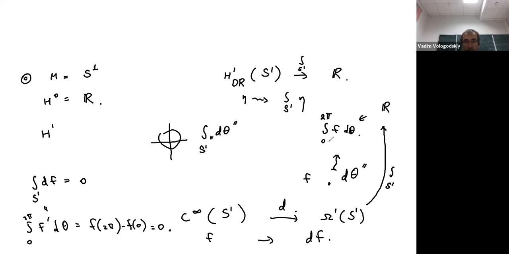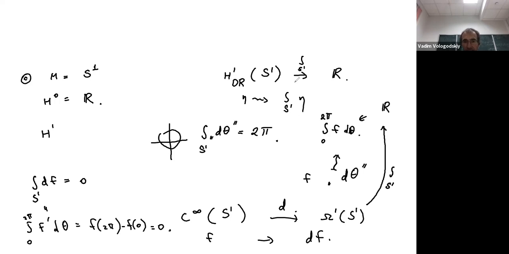Though theta is not a single valued function on S1, it's a single valued function on the interval from 0 to 2 pi. So by the Leibniz formula, it's just equal to 2 pi. So this map is clearly surjective, right? It takes one form at least to 2 pi. It's non-zero. These are real vector spaces.